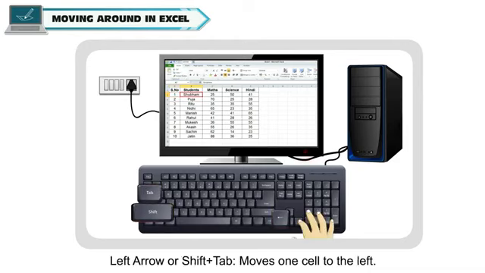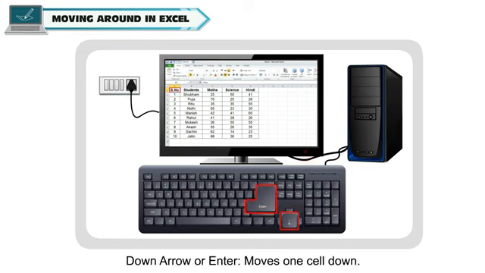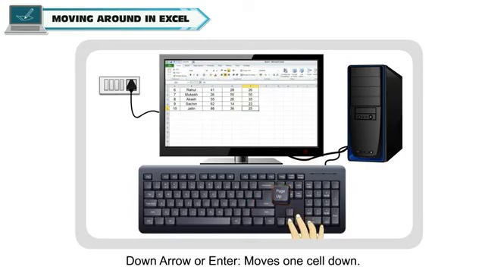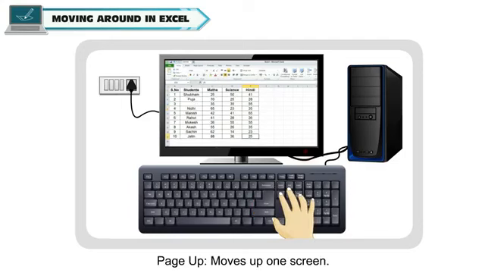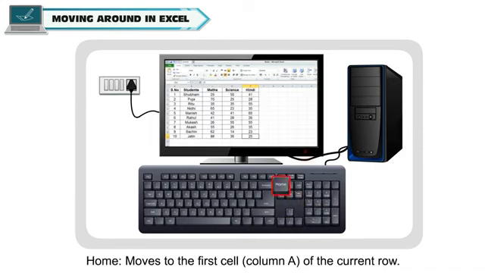Left arrow or shift plus tab, moves one cell to the left. Up arrow moves one cell up. Down arrow or enter moves one cell down. Page up moves up one screen. Page down moves down one screen.